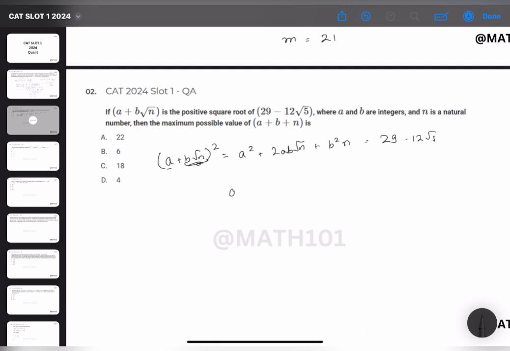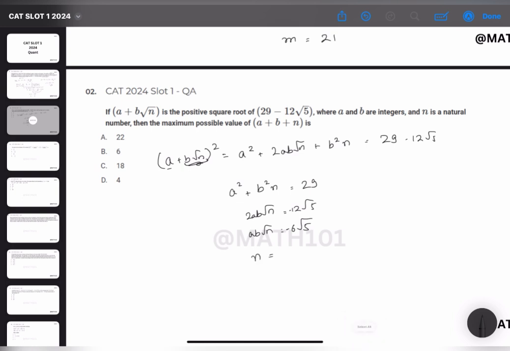So I have a square plus b square n equals 29, and 2ab root n equals 12 root 5, which means ab root n equals 6 root 5 or minus 6 root 5.